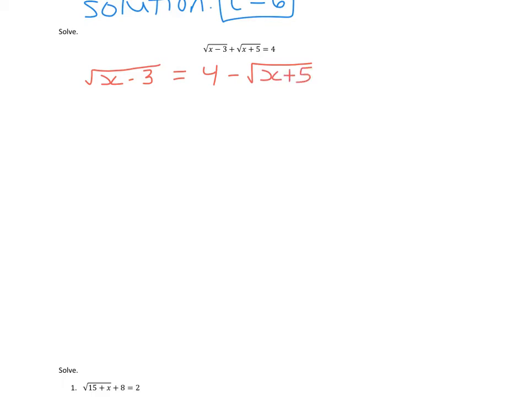And then once we isolate one radical, we come through and we square both sides. Now remember, this binomial on the right will have a middle term. On the left, however, radicals and square roots cancel each other out.